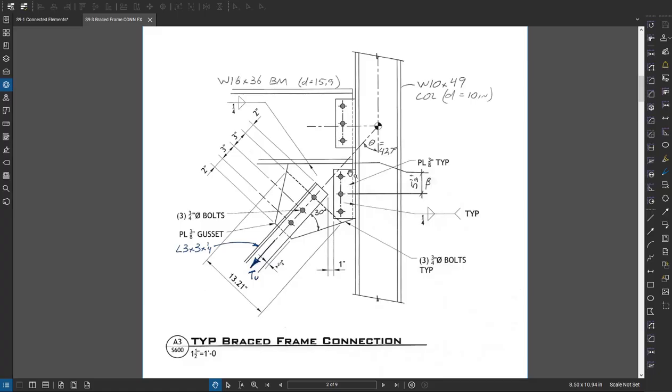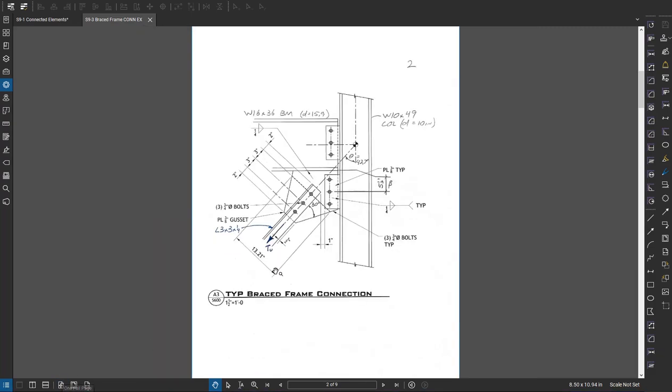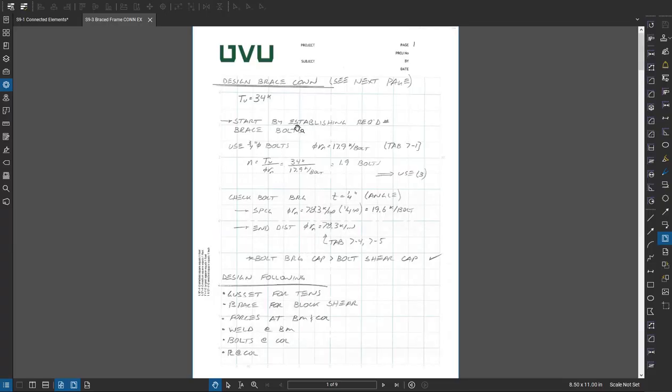So the bolts are all things you've designed before, but I show you them in this example. And then the yielding across here, and actually I did a shear or block shear calculation of this hunk right here. So I'm just kind of walking through this. I start off with a 34 kip brace force.